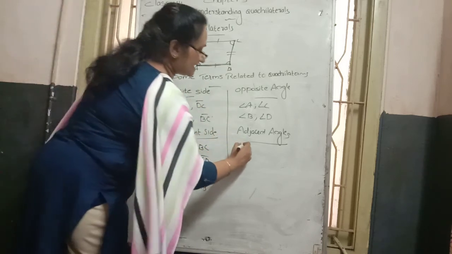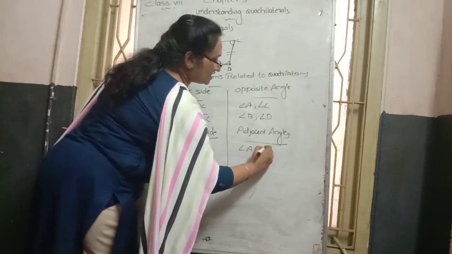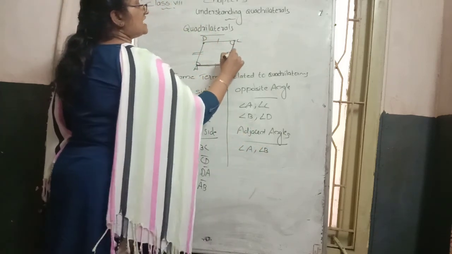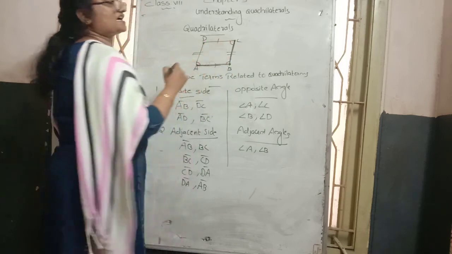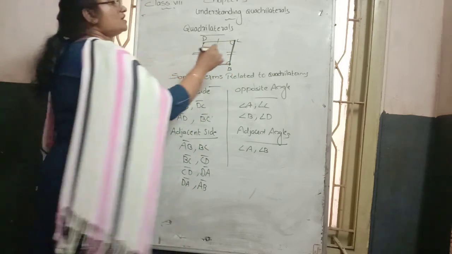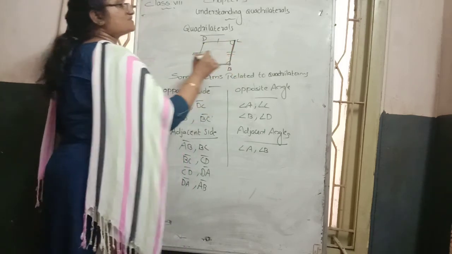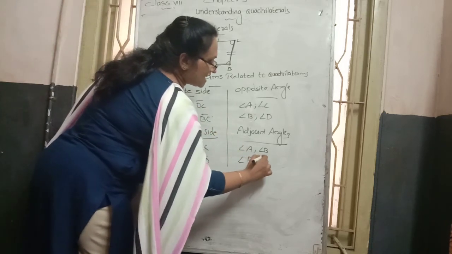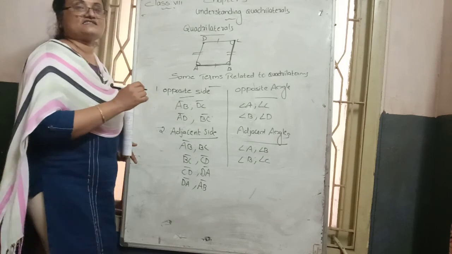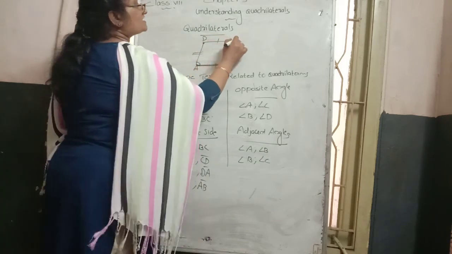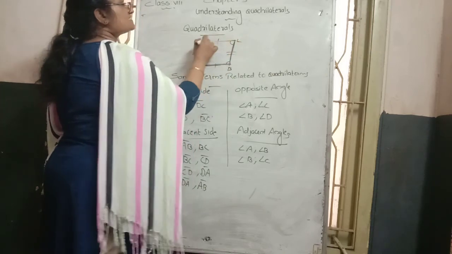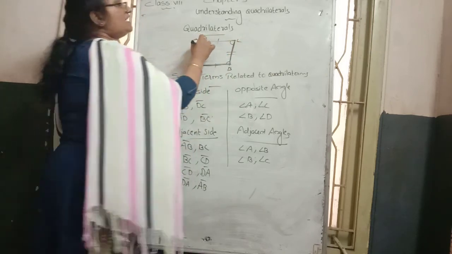They have a common side, so angle A and angle B are adjacent. Similarly, angle B and angle C are on the same side BC, so they are adjacent angles. The next pair of adjacent angles is angle C and angle D, which lie on the line CD.